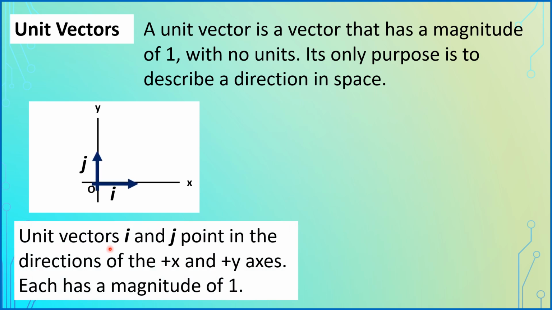Unit vectors such as vector i and vector j point in the directions of the positive x and the positive y axis. Each has a magnitude of 1.